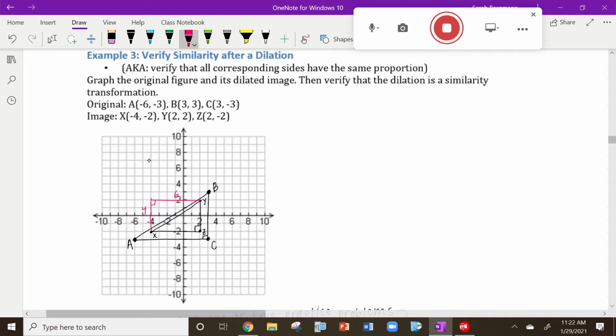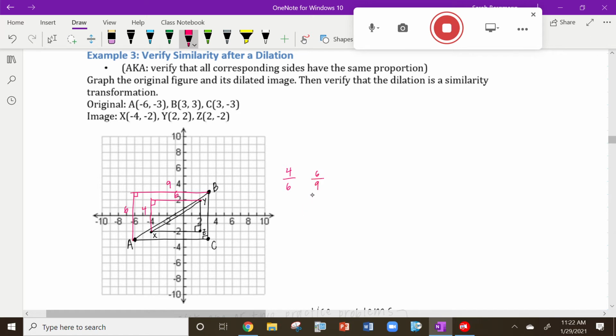And I'm going to also look at this slope from A to B. The rise is 1, 2, 3, 4, 5, 6, while the run is 1, 2, 3, 4, 5, 6, 7, 8, 9. That is the same slope. 4 over 6, rise over run, is the same fraction as 6 over 9.